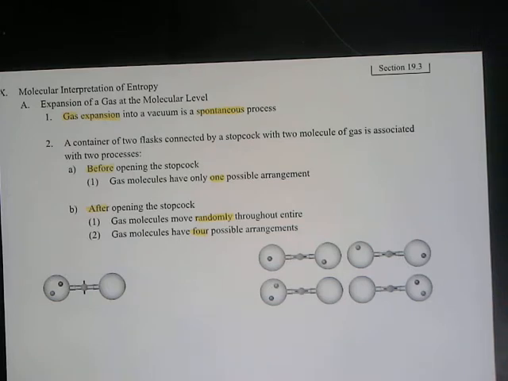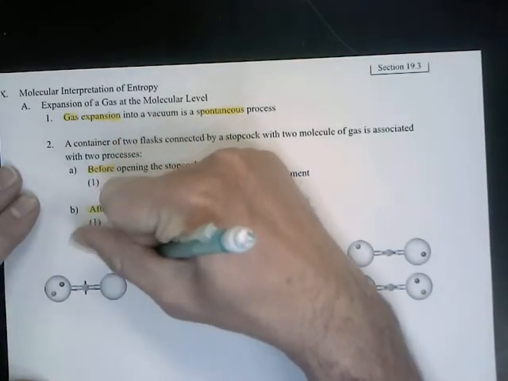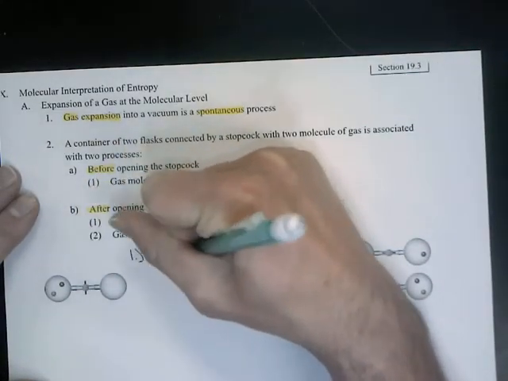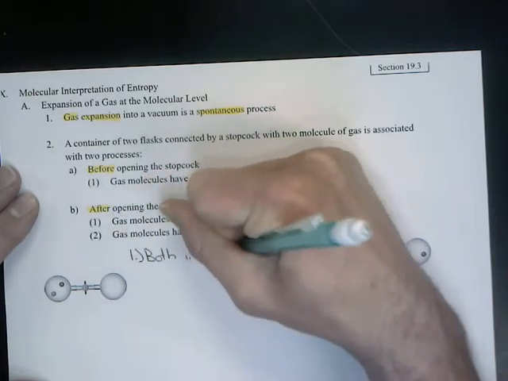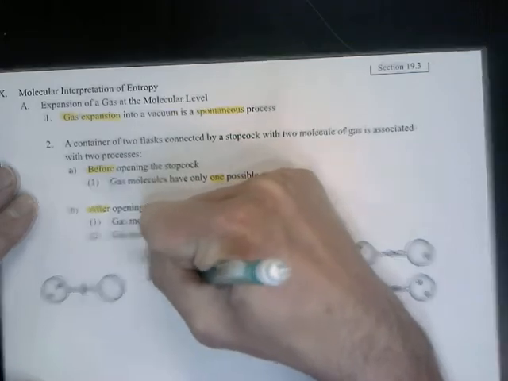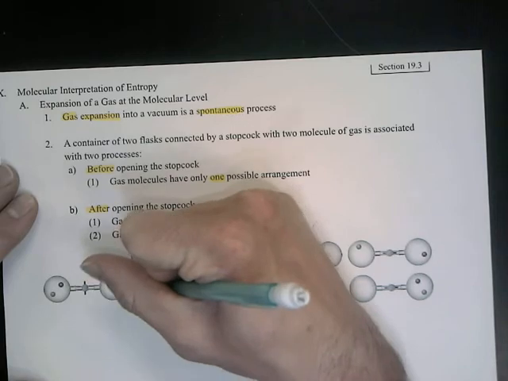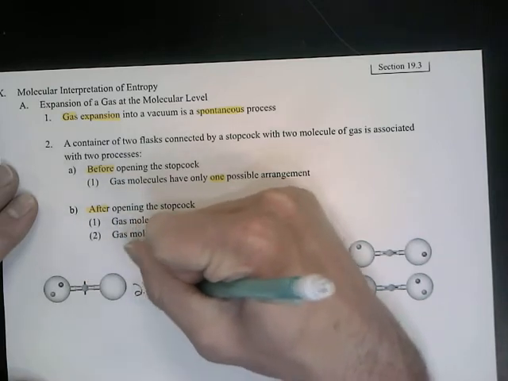Those four possibilities are as follows. One, they can both be in the right container, or vessel, if you want to talk about it that way. Two, both could be in the left container.